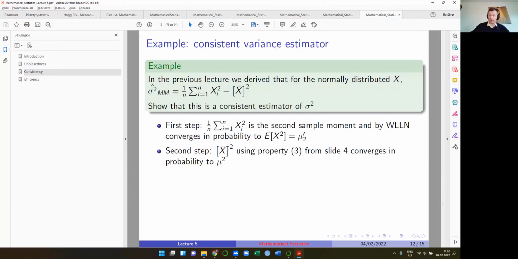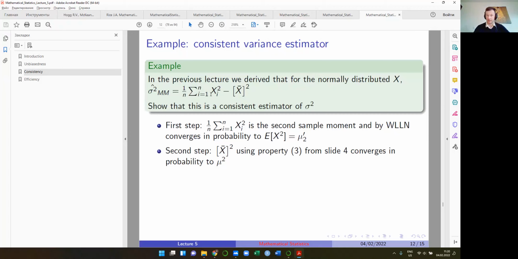I know that x bar converges to mu, and I know property number 3: that if I apply some function to my random variable, then it will converge to the same function of the limiting variable, in this case mu squared.